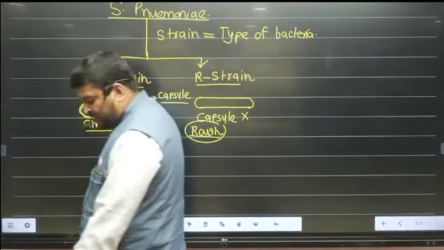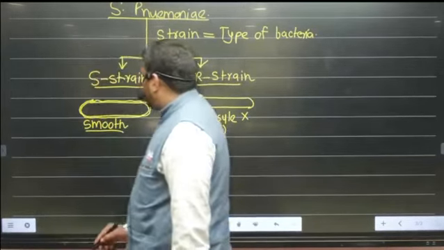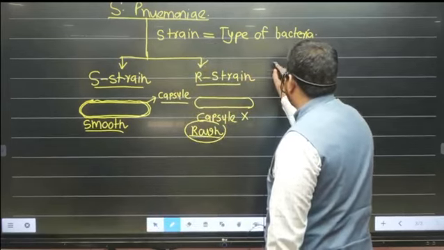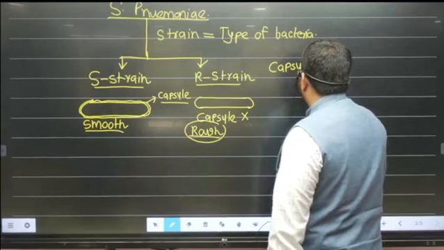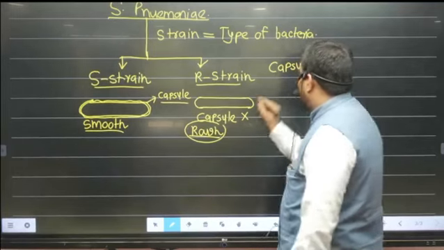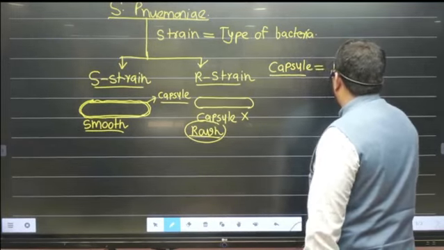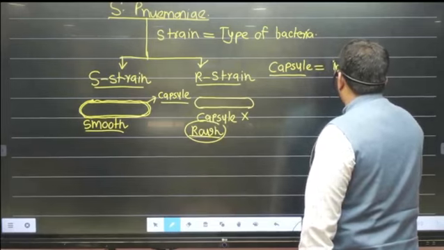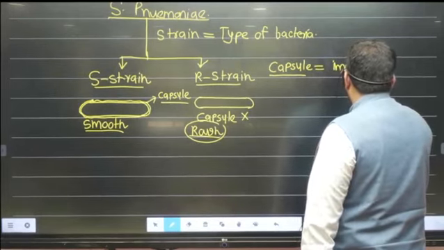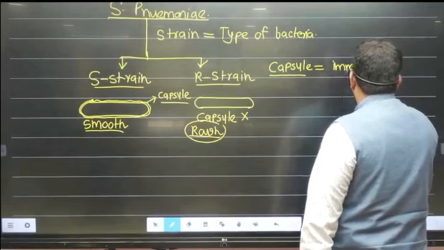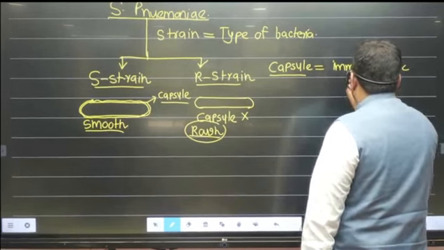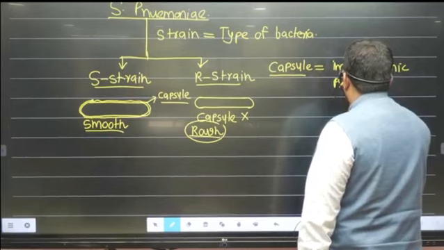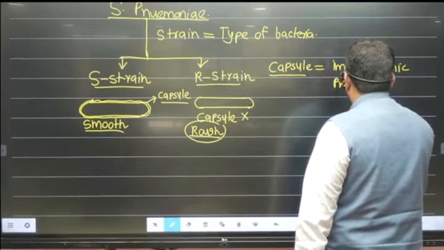And we know that the pathogenic property or immunogenic property of these bacterial species is only due to the presence of the capsule.